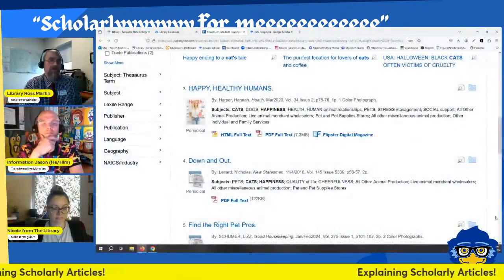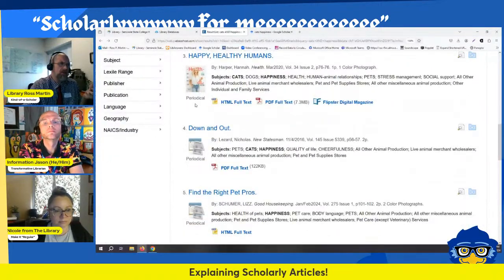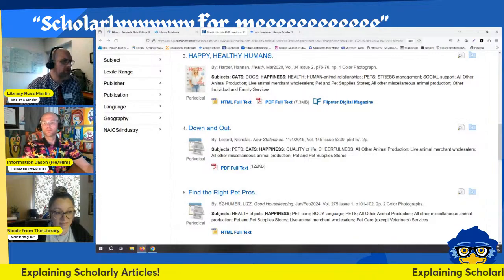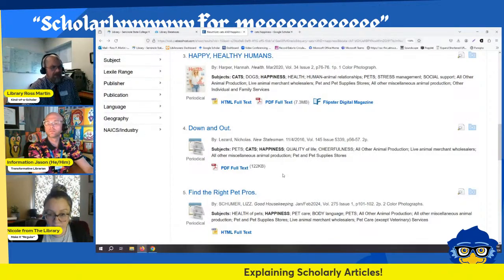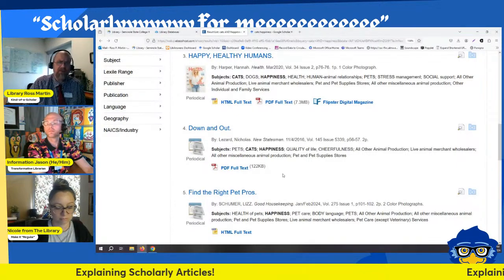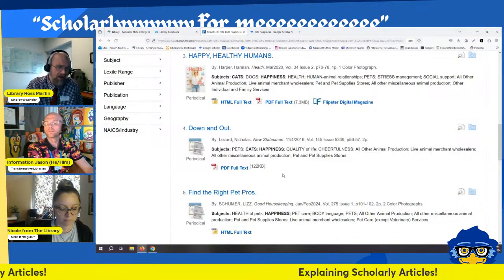So I ran this search and I found several things in here from periodicals. Well, a periodical in library world is just another word for a magazine, right? This came from Health Magazine and New Statesman. Now, going back to what we were talking about before, magazines typically are not going to be a scholarly source.